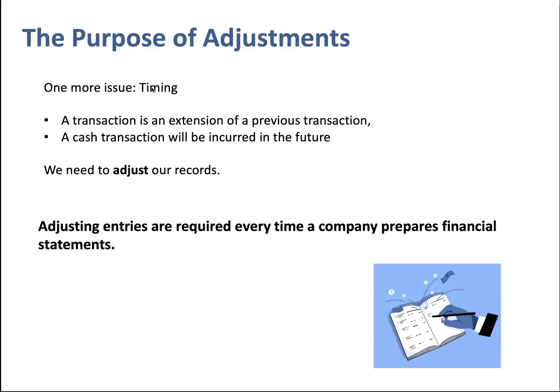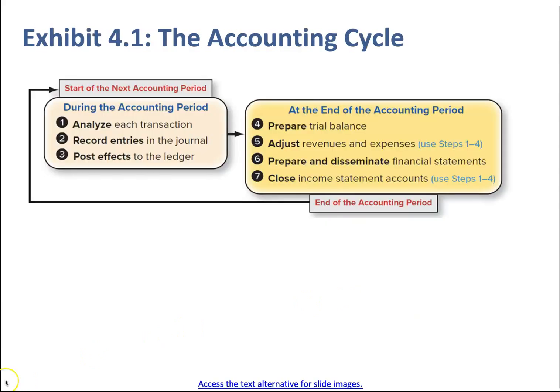For example, a transaction this period may be an extension of a previous transaction, which means we recorded the effect of the transaction in the previous period, but that effect didn't show up in the first three steps in this period of our accounting cycle. That is, if it's not showing up in the analyze, recording, and posting steps, you would have to adjust that.